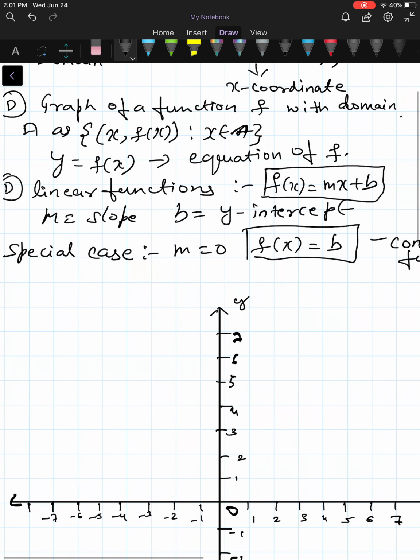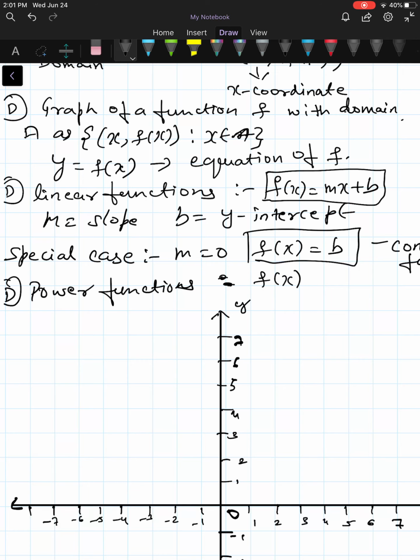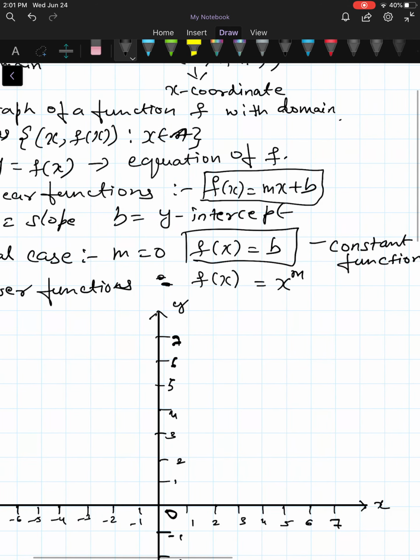Power functions are of the form where you have the output expressed as a power. f of x is nothing but x to the power of m, where m can be any real number.